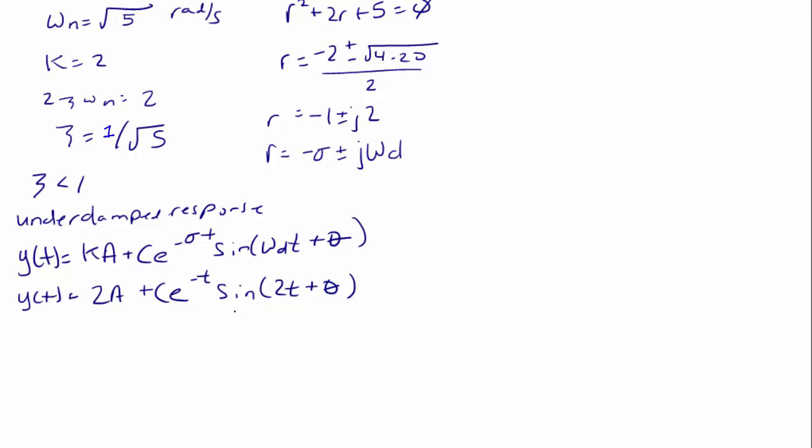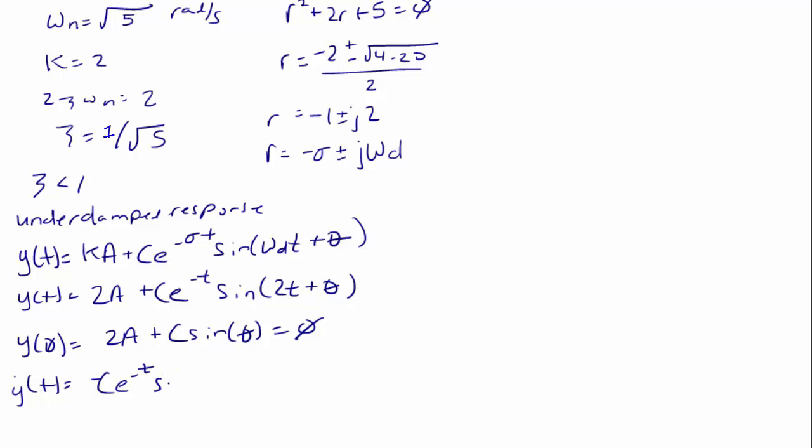Now we have to use initial conditions in order to find A and C. Y of 0 is equal to 2A plus C sine of theta, and that equals 0. The first derivative of y of t is equal to negative C e to the minus t sine of 2t plus theta.